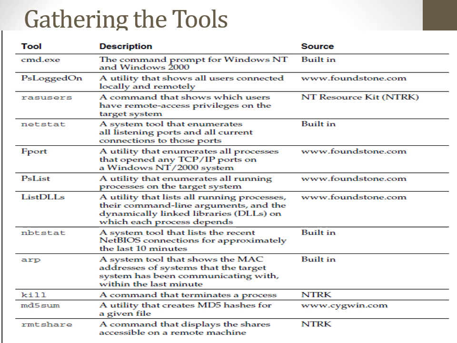If you want a list of all the running processes on the target system, there is a tool known as PsList, which can also be obtained from foundstone.com. We also have a utility that lists all the running processes, their command line arguments, and the dynamically linked libraries known as DLLs on which each process depends.